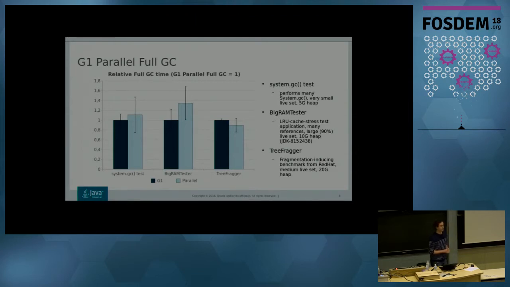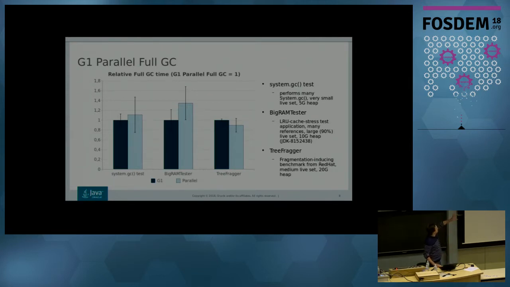This Big RAM Tester application, or micro benchmark basically, that's basically a big LRU cache. It means a big array of references, and you add and remove objects in an LRU fashion. That has, at the point of full GC, a huge live set and lots of references, and there's this tree fragger. That's a fragmentation-inducing benchmark from Red Hat with a medium live set.